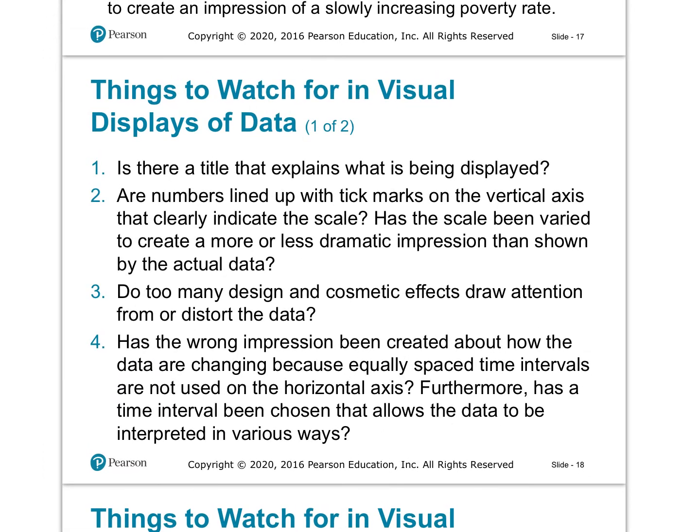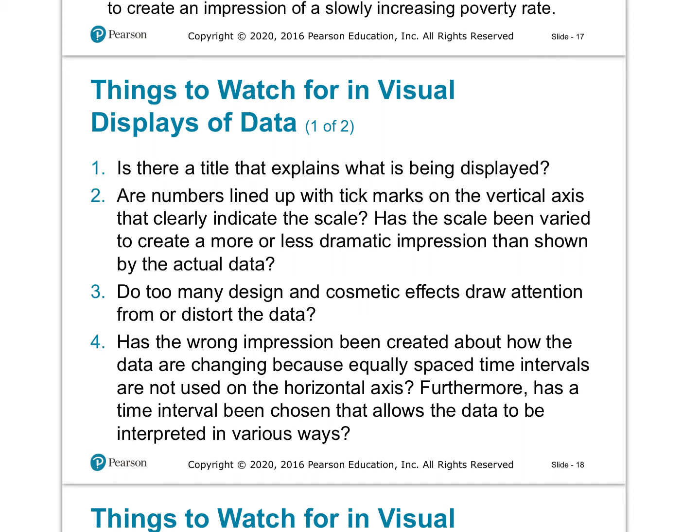All right, things to watch for in visual displays of data. Is there a title that explains what's being displayed? Are numbers lined up with tick marks on the vertical axis that clearly indicate the scale? Has the scale been varied to create a more or less dramatic impression than shown by actual data? Do too many design and cosmetic effects draw attention from or distort the data?